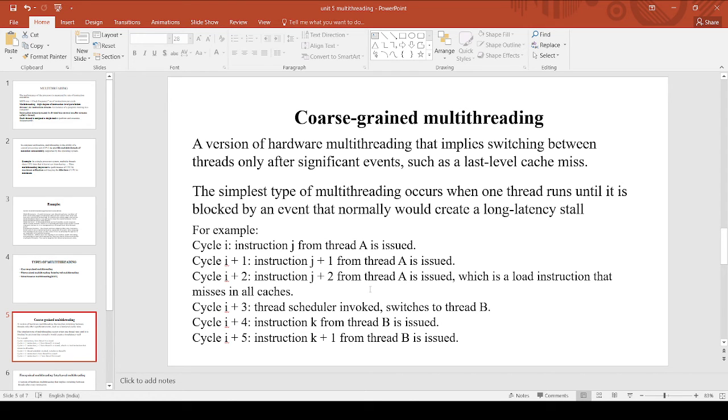That is called a cache miss. In that case, a thread scheduler is invoked and it switches the control from thread A to thread B, so the instructions from thread B will be executed. So in coarse-grained multithreading, control switches from one thread to another thread in case of a cache miss.